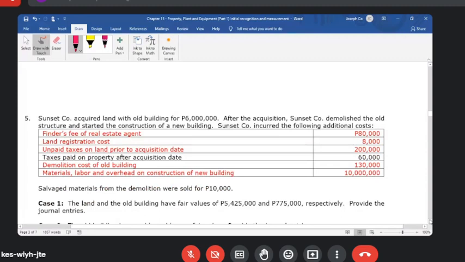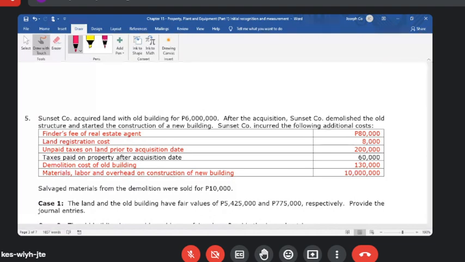Okay, next, another example, number 5. Sunset Company acquired land with old building for 6 million. After the acquisition, Sunset Company demolished the old structure and started the construction of a new building. Sunset Company incurred the following additional costs. Finder's fee, acquisition date, 200,000.